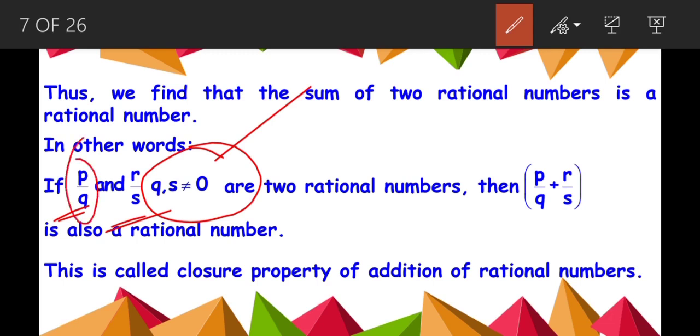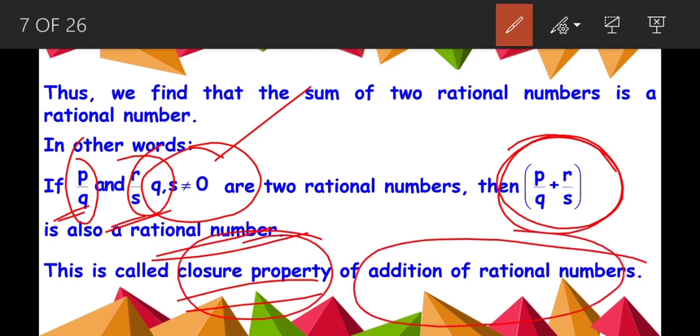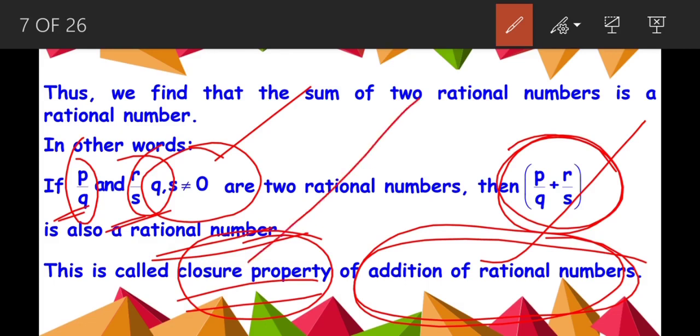If P by Q and R by S are two rational numbers, then their sum is also a rational number. So this property is called the closure property in the case of addition of rational numbers. So rational numbers follow the closure property in addition. Okay, children?